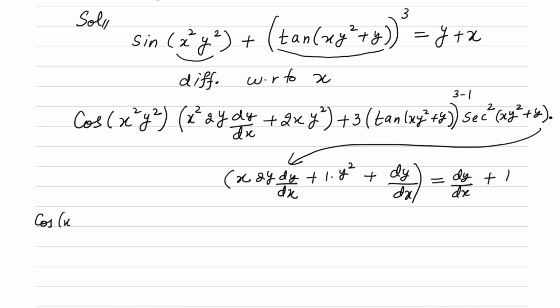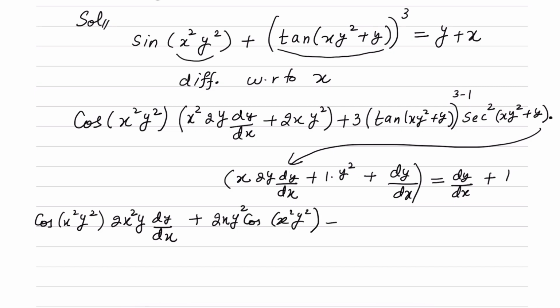cos(x²y²) is multiplied by the first term, which is 2x²y dy/dx. The second term is 2xy² cos(x²y²), plus we have 3 tan(xy²+y) to the power 3 minus 1, which is 2.